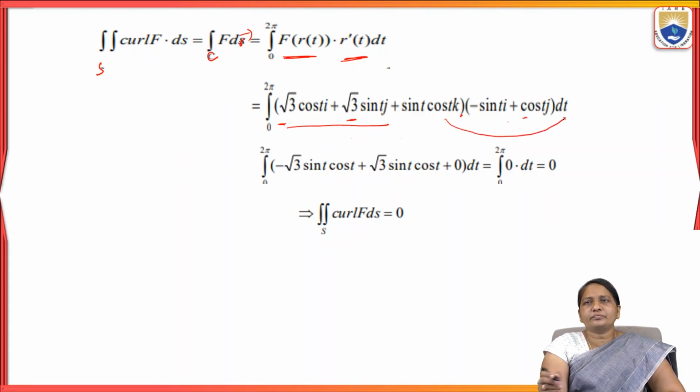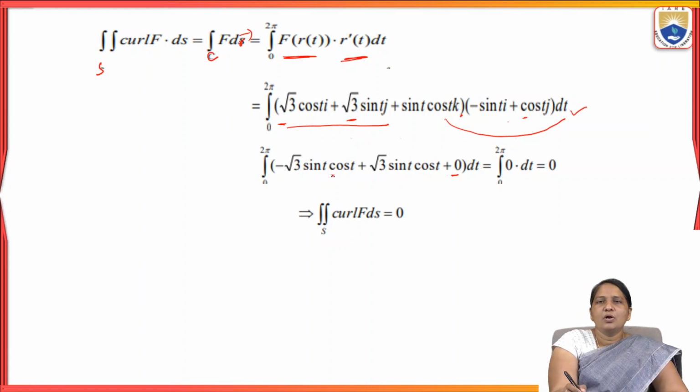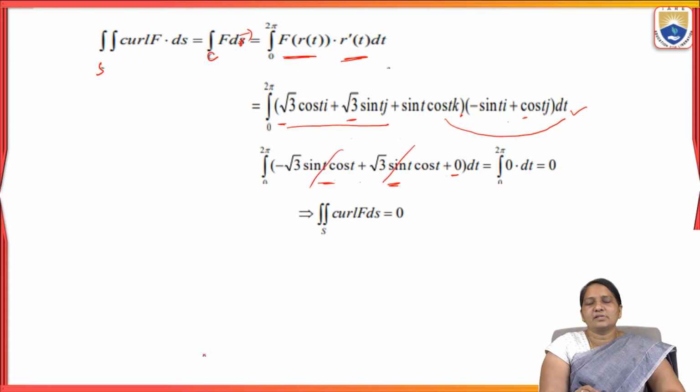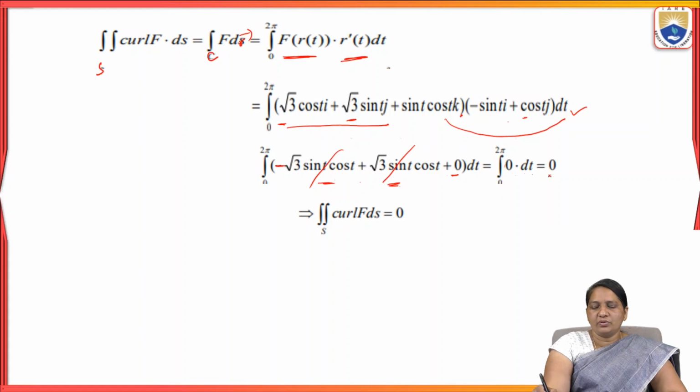So here k dot k value is 0. Here we don't have the k value. So that's why we got 0 here. Only we got the i and j coefficient. So here root 3 sin t cos t and root 3 sin t cos t, these two will be cancelled. We have minus here, plus there. So this is 0. So integral 0 to 2 pi of 0 dt value is 0.